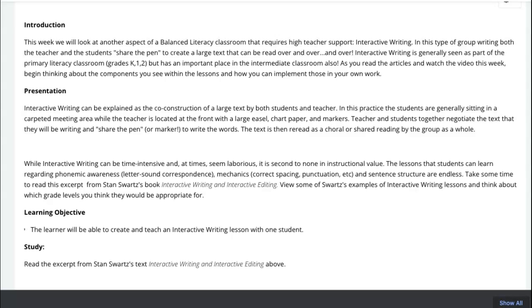Children's experiences create the foundation for interactive writing. Some of their experiences are individual or personal, and some are fairly common to the class. For example, taking a field trip, an experiment, listening to a guest speaker, and so on. All these experiences include exploration, discovery, and talk.